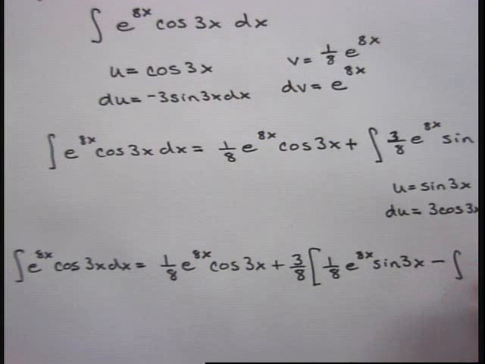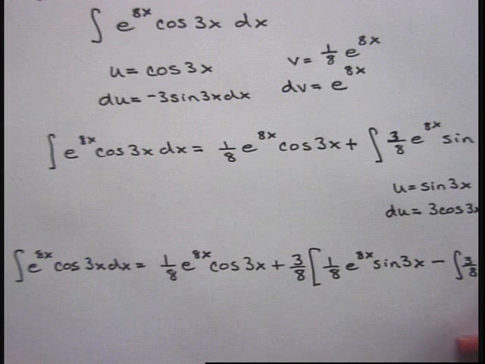The integral of the voodoo is going to be 3/8 e to the 8x cosine 3x dx.